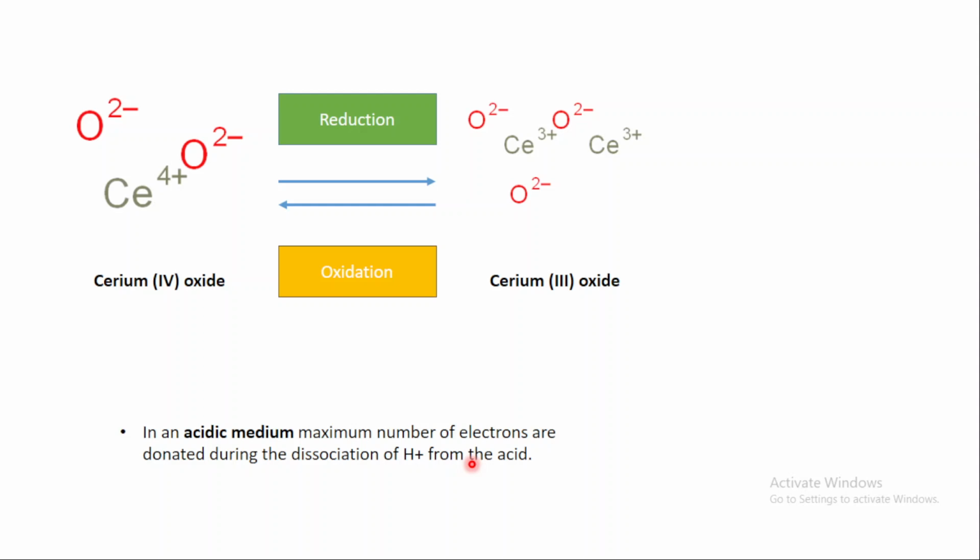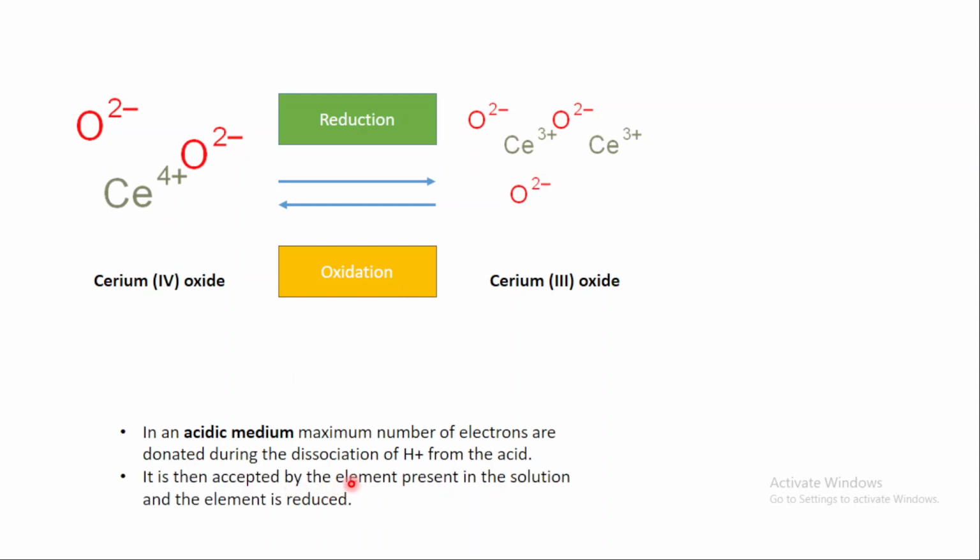Let's say HCl is the acid. So when we have an acidic medium, we'll have ions of Cl minus and H plus. There will be free electrons, or electrons are donated.